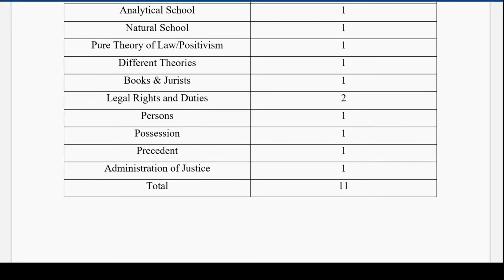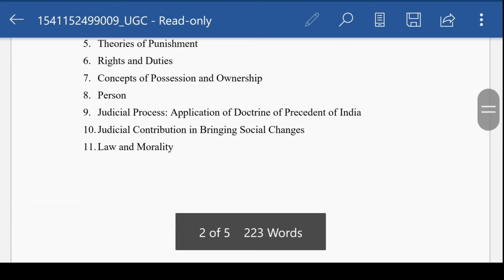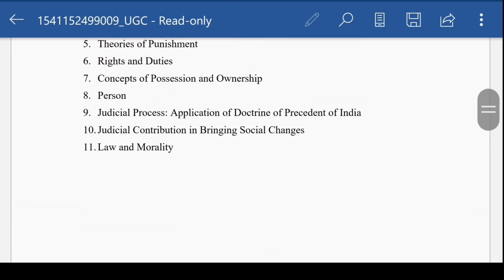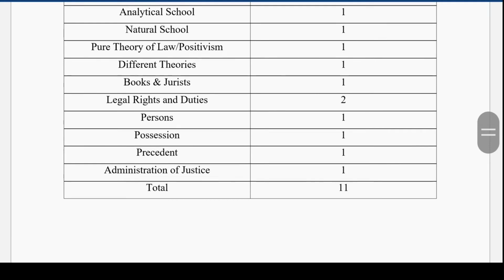This administration of justice can be brought under that vague concept, judicial contribution in bringing social changes.